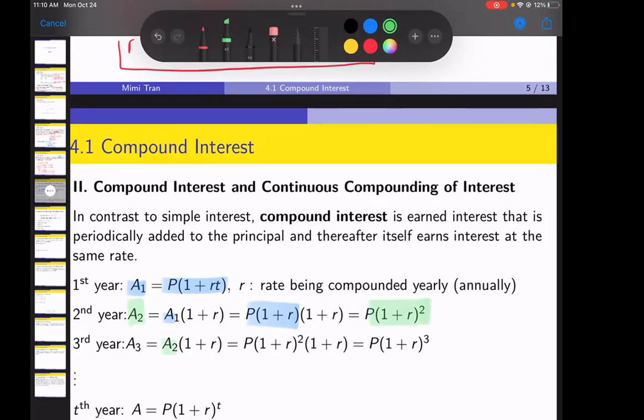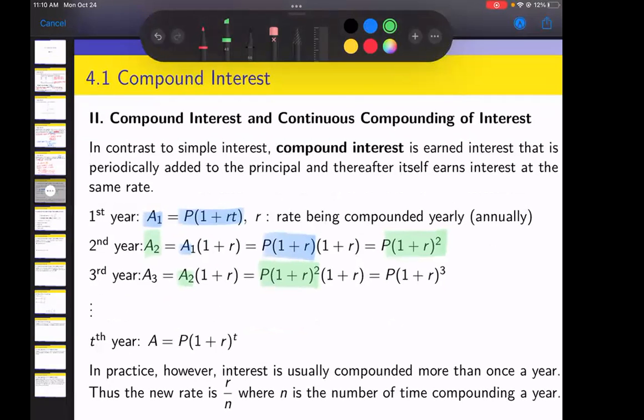A3 is you take whatever you made at A2 and multiply by 1 plus R again. A2 is 1 plus R squared, times 1 plus R, is 1 plus R cubed. So that will be my A3. And go on and on, till the Tth year. So you see the formula? First year to the first power, second year squared, third year cubed. So T will be what? T.